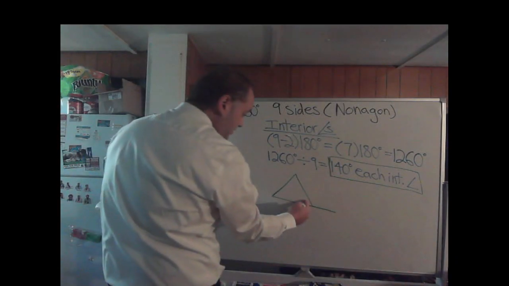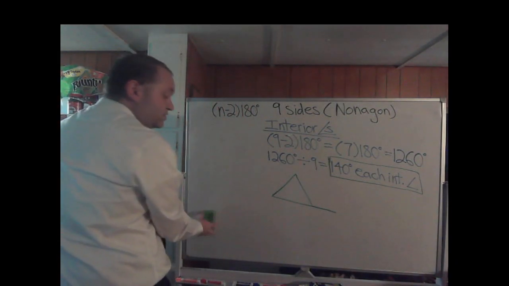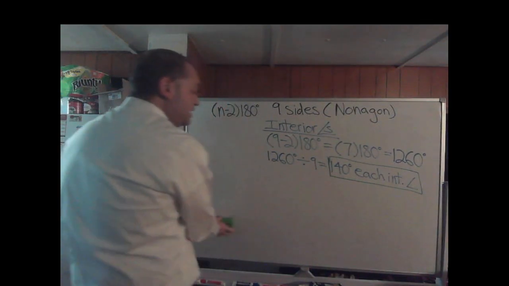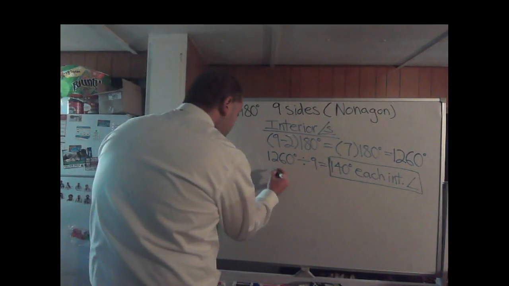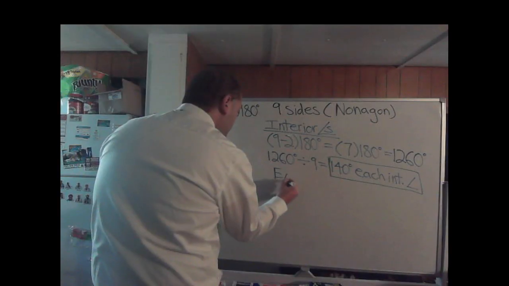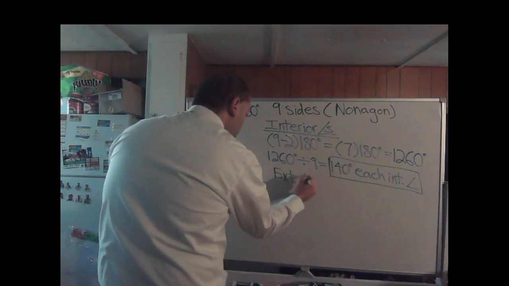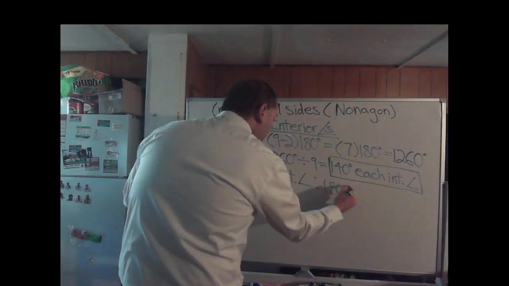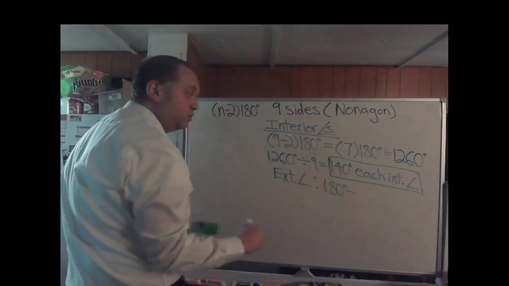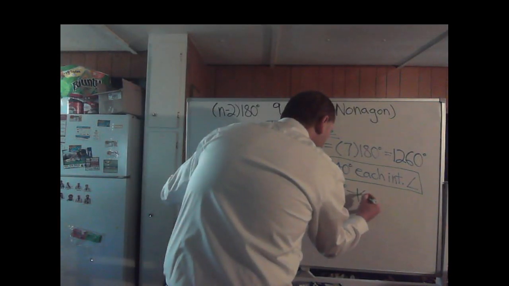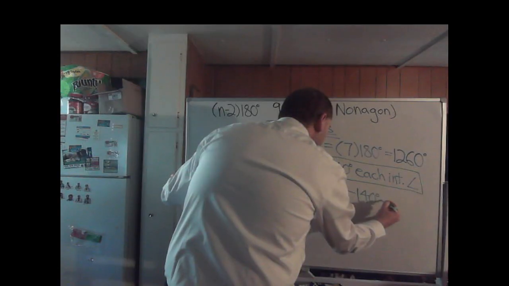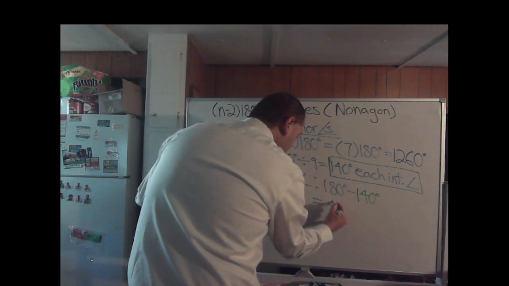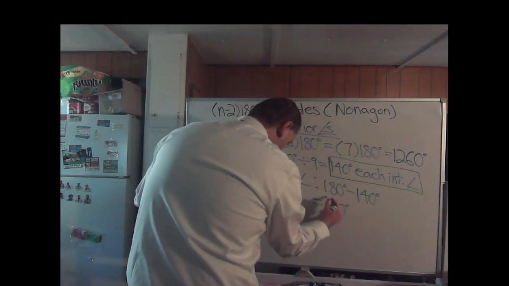The interior angle plus the exterior angle are always supplementary and equal 180. To find an exterior angle, that's simply 180 degrees minus the measure of one of your interior angles, which would be 140 degrees. Which means one of your exterior angles would simply equal 40 degrees.